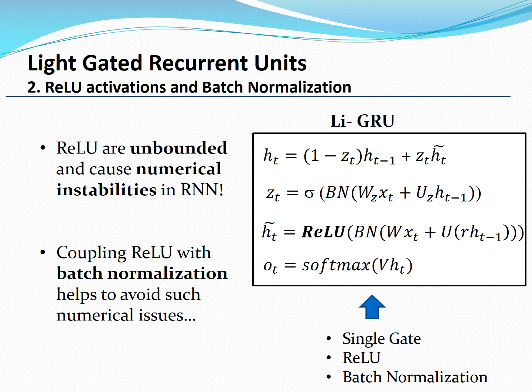Well, the second modification is to employ ReLU activations and batch normalization. In particular, we propose to employ ReLU activation in the candidate state equation. Here, as you may remember from the previous slides, in the original model there is a hyperbolic tangent tanh activation.